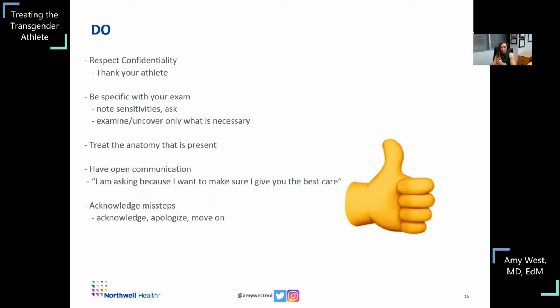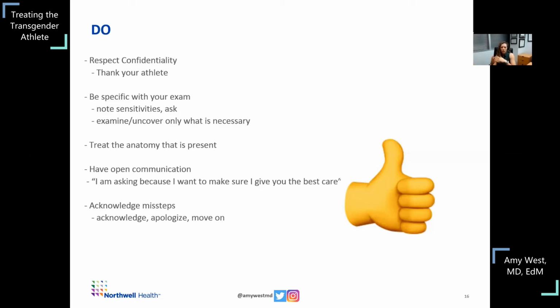When you're doing an exam, be very specific about it. Touch things that only need to be touched, expose things that only need to be exposed, and also explain what you're doing, but then also ask, "Is it okay if I touch this or uncover this?" Because that can be kind of tricky. Someone that I know, a transgender athlete, had issues with people touching around their chest or even using a stethoscope, because it was just too close to their chest, and they were very sensitive about that.